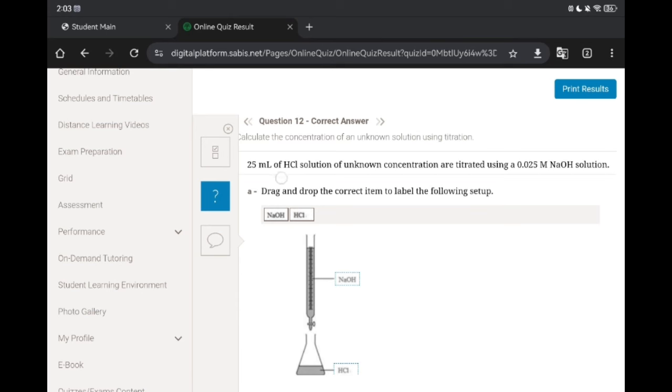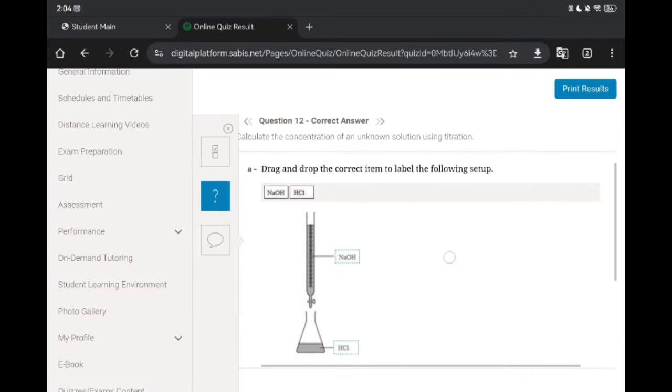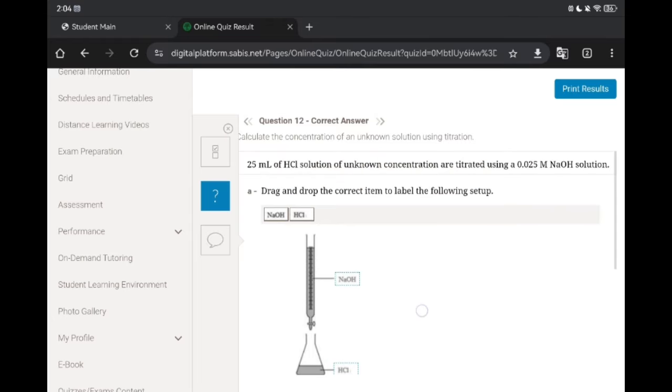So here they're saying that 25 milliliters of HCl, and we don't know the concentration of it, was titrated by 0.025 molarity of NaOH. They're asking you to tell which one is being titrated, and there are two ways to tell.